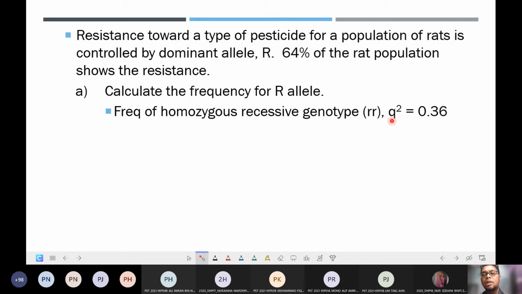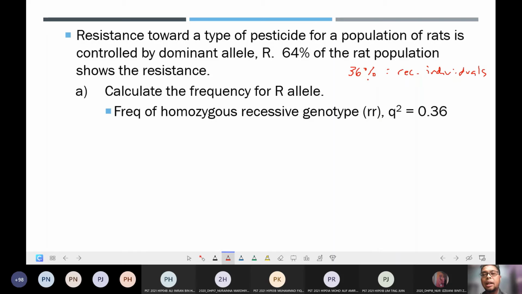Which is q squared, which is 0.36. Okay, macam mana kita dapat 0.36 ini? Kaedahnya adalah yang ni. 64% will be the dominant type. So 36% will be the recessive individuals, the recessive rats.